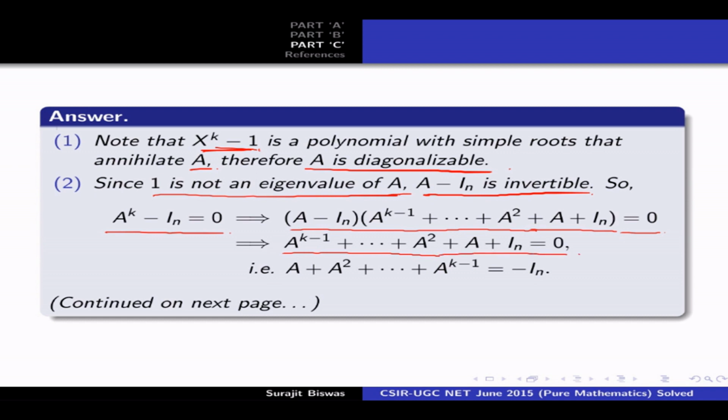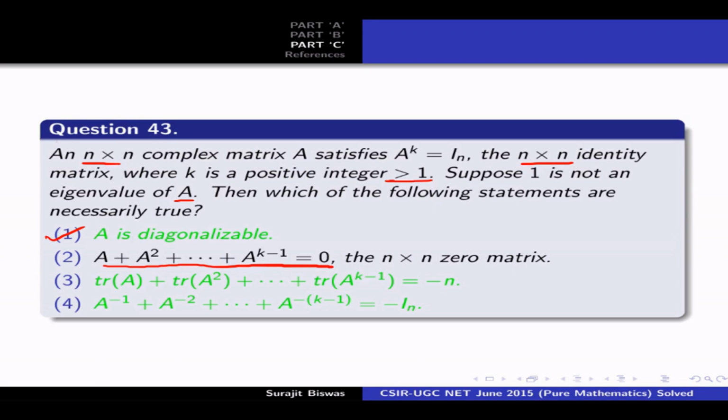This implies A plus A square plus ... plus A to the power k minus 1 equal to minus In, and this shows that this quantity is equal to minus In, which is not 0, so this option is not correct.